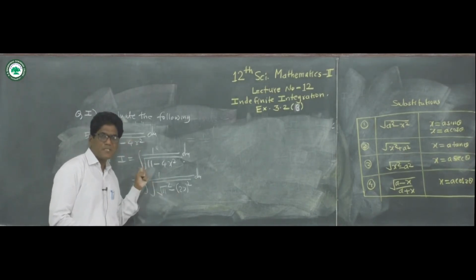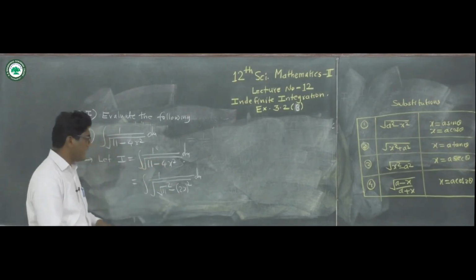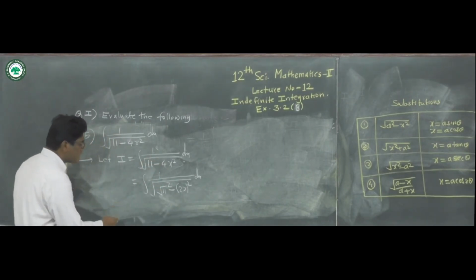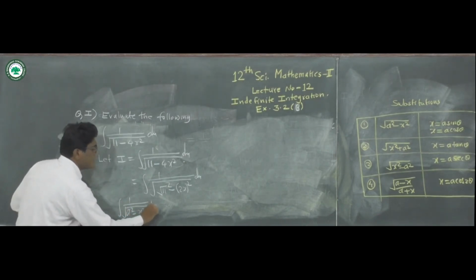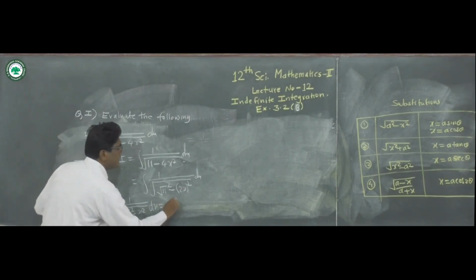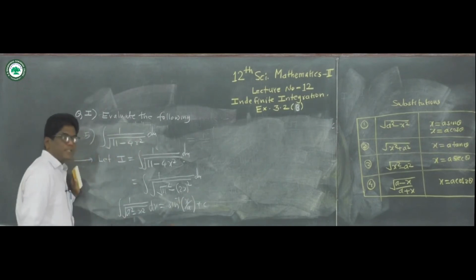When there is a constant square, firstly take sine inverse of x upon a. So we write the formula as integration of 1 upon under root of a square minus x square dx is equal to sine inverse of x upon a plus constant of integration.